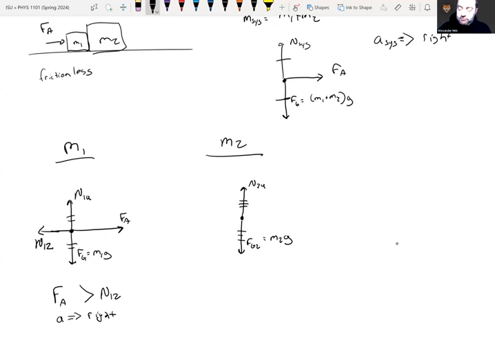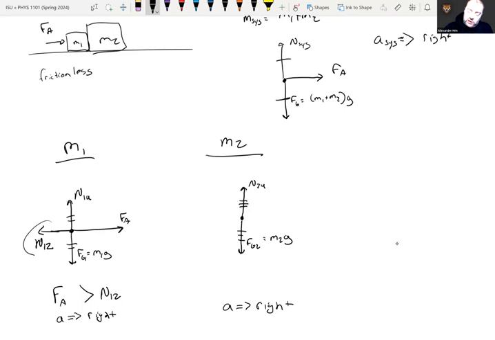Again, we don't know that they're equal to these ones, and they're definitely not equal to the ones from the first diagram. Now, M2 needs to have an acceleration to the right. The problem is the applied force is going to the right, but it's not touching M2. So what force is?